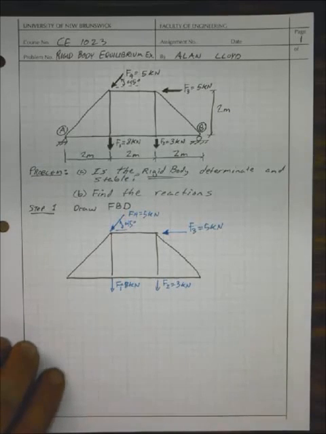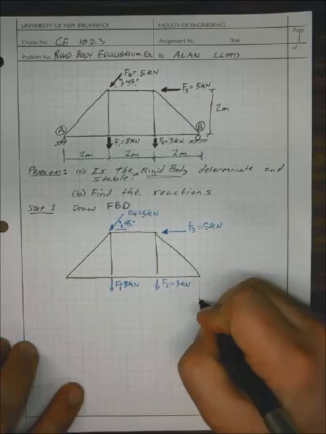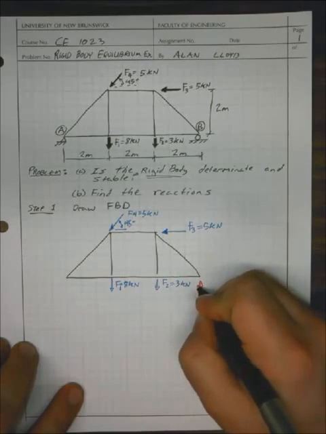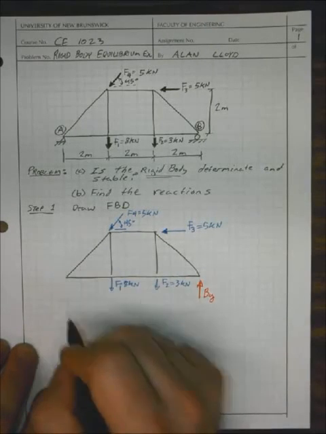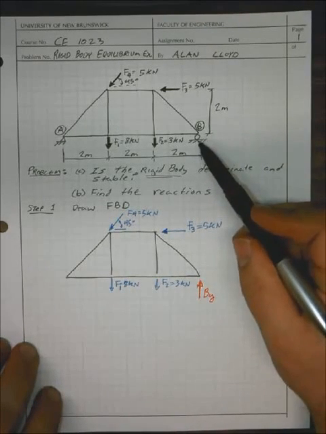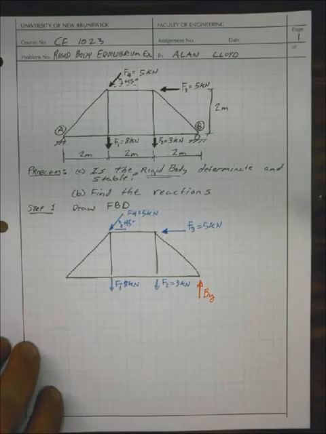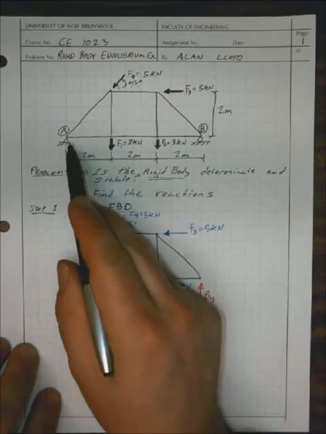Our unknown values for this problem are our reactions. We have a vertical reaction at B. BY is unknown, and it's acting in a direction that is perpendicular to the surface. We have a roller support, and roller reactions happen only in the direction perpendicular to the surface. On this side we have a pin support.